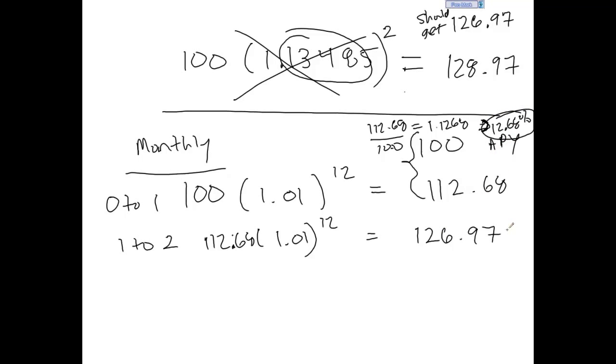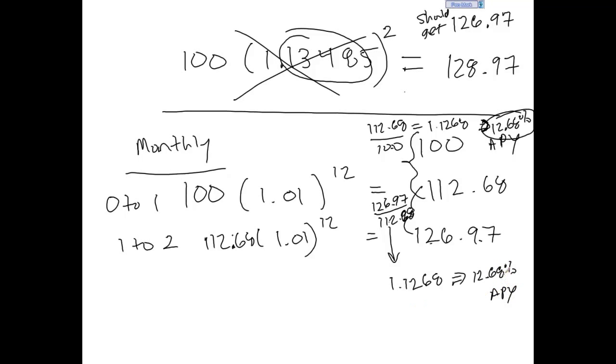If I now take the 126.97 and I divide it by what it was 1 year previous, which is 112.68, guess what I'm going to get? Not surprisingly, comparing the next year to the previous year is always going to yield 1.1268. And that again implies a 12.68% APY.